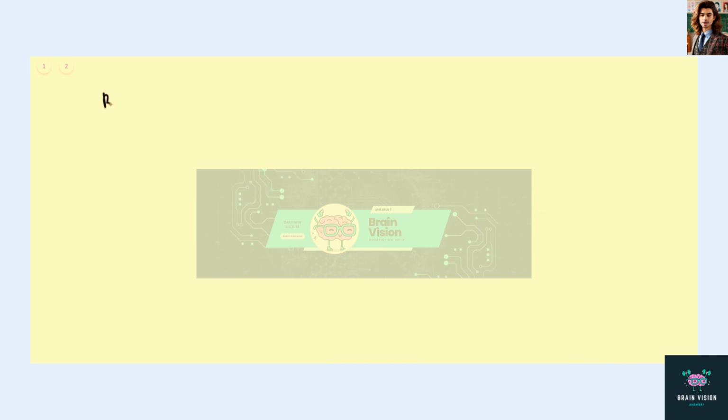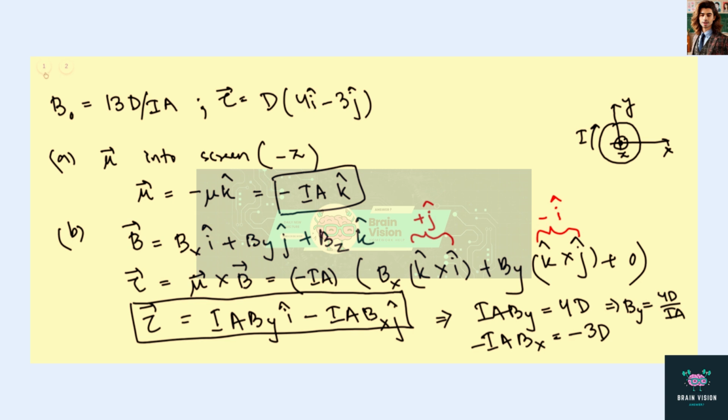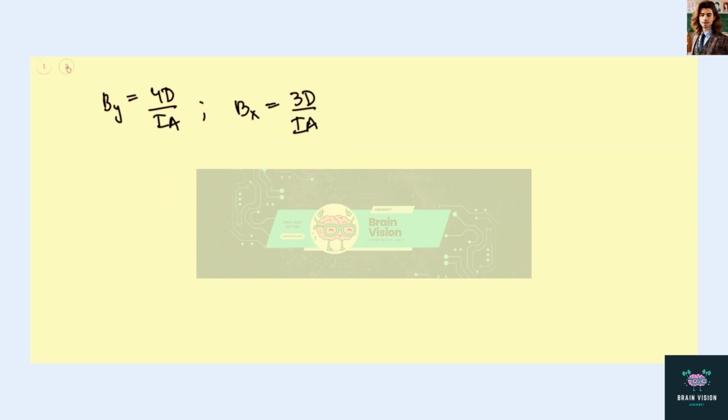So we got By to be equal to 4D over IA, and Bx is equal to 3D over IA from these two equations that we got from comparing the components of torque.